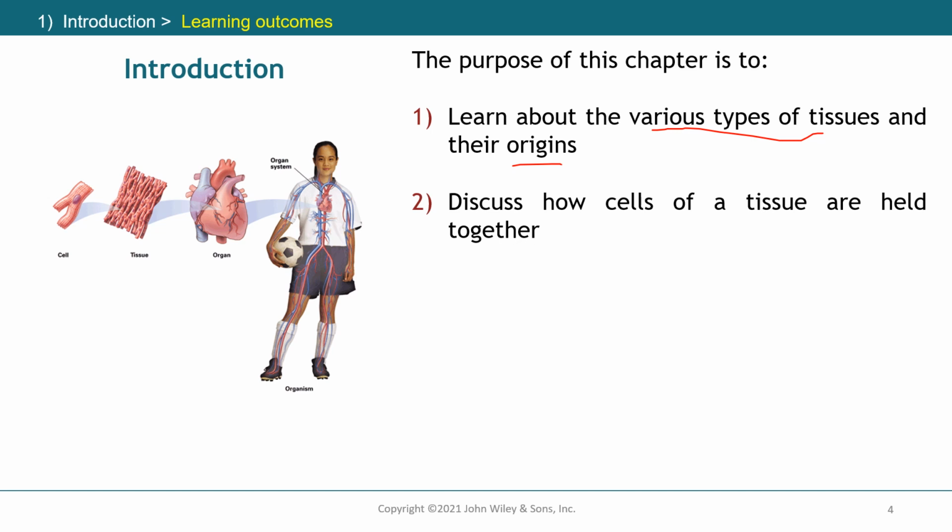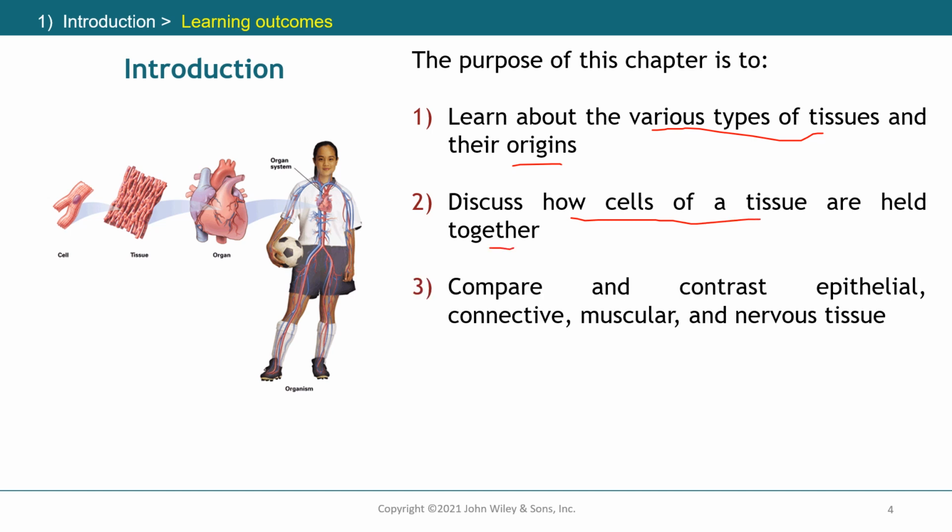Second learning outcome is that you should be able to understand how cells of a tissue are held together, and you know that is through junctions. The third one, we're going to cover different tissues like epithelia, connective tissue, muscular tissue, and nervous tissue. And the idea is that at the end of this class, you should be able to compare and contrast all these tissues.